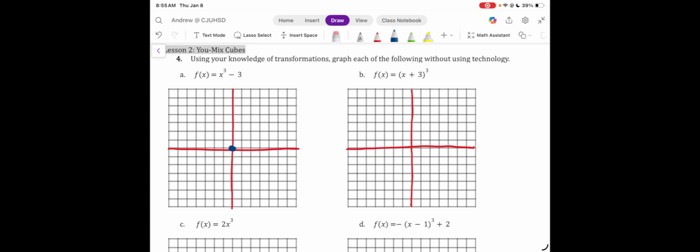We're going to go down 3. 1, 2, 3. And then we're going to go up 1 over 1, up 8. 1, 2, 3, 4, 5, 6, 7, 8. And over 1, and then when we go down and left, we're not going to get that last point, but it's going to look something like this.